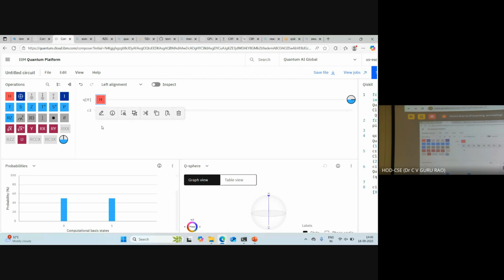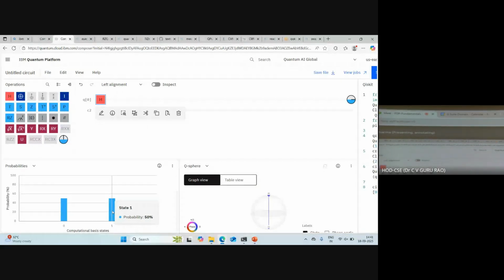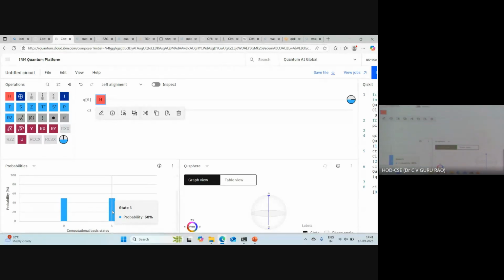Okay. So that means we have created a superposition state. Understood? Okay. So if you go over here, it will show you that 0 is with 50% probability and 1 is with 50% probability. This we can see without even measurement.